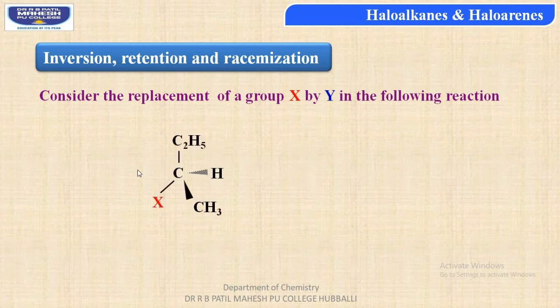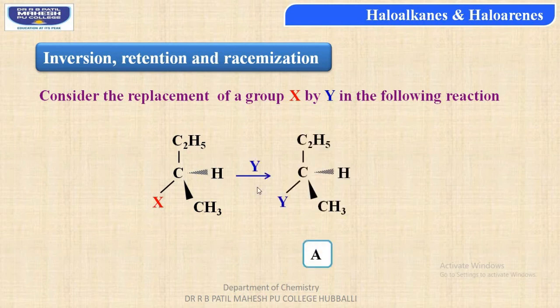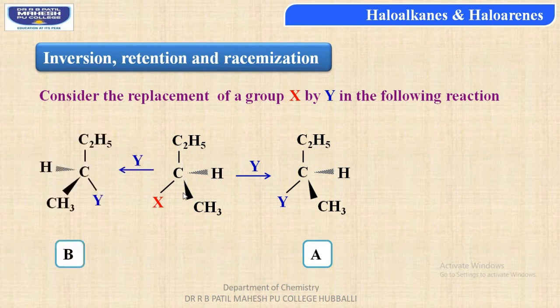When a molecule has X as a substituent, it is replaced by the Y substituent. Then we can have the structure A. In the same way, when X is replaced with Y, it can also give the structure B. Then in the third case, you can substitute X with Y to get both A and B, that is a racemic mixture.